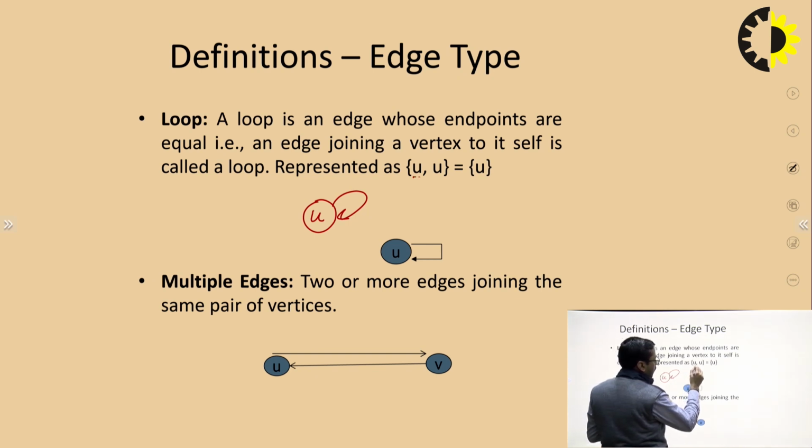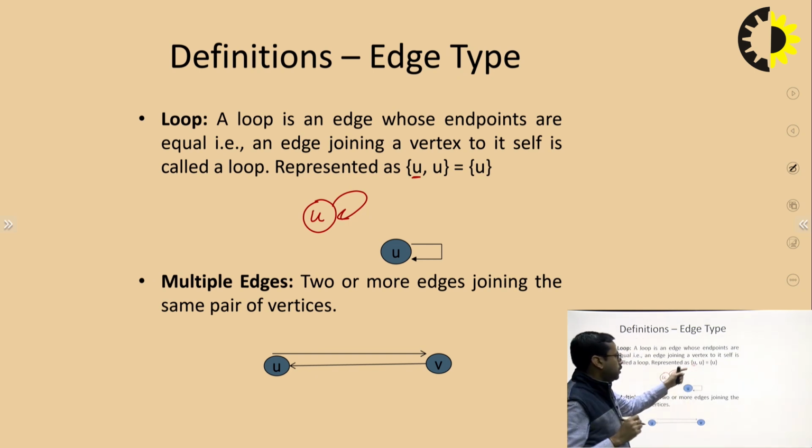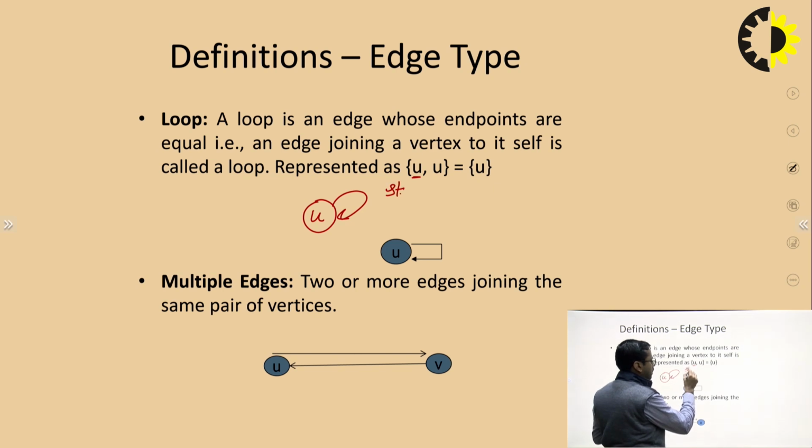Basically, the first u is the starting point and the second u is the ending point.